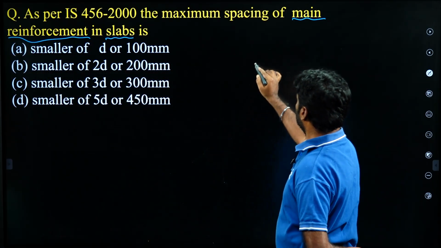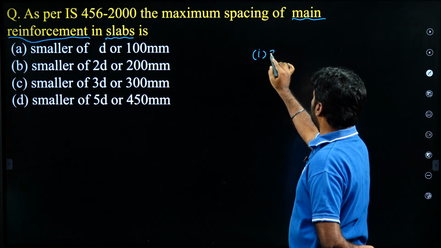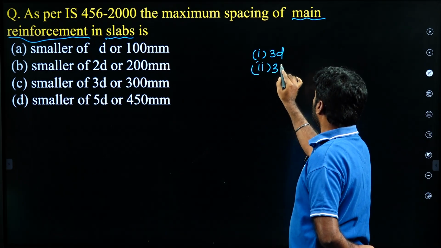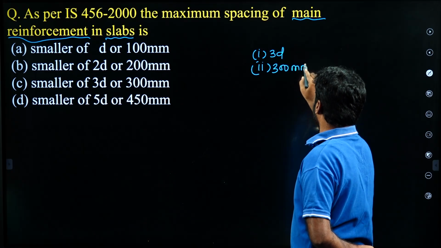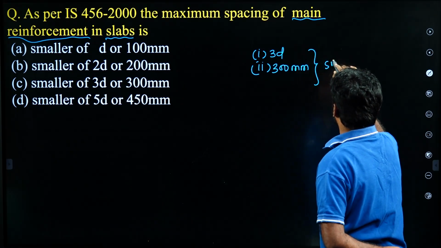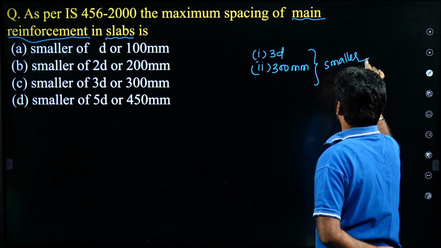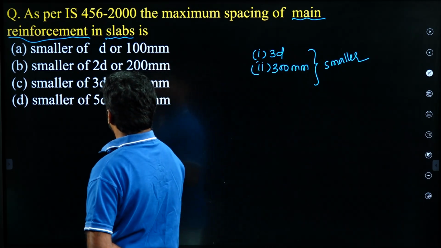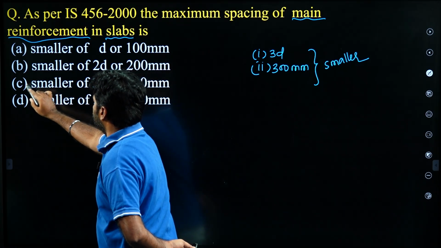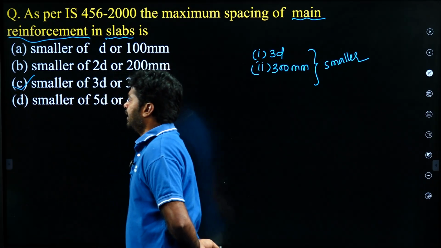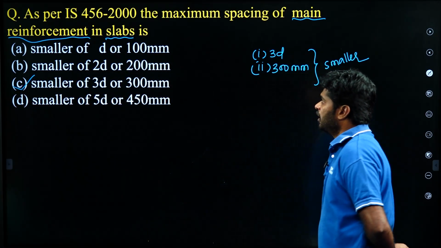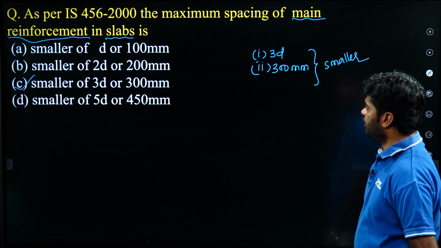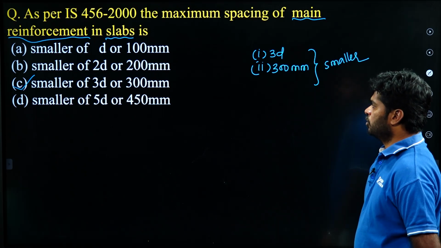My dear, for main reinforcement, maximum spacing should be 3d or 300 mm, whichever is smaller, where small d is the effective depth of the slab. Here the option 3d or 300 mm, option C, is correct. Maximum spacing of main reinforcement provided in slabs: 3d or 300 mm, whichever is smaller. Next question.